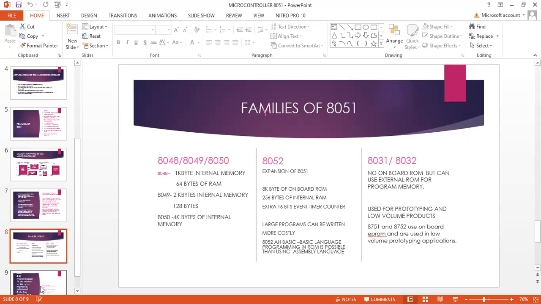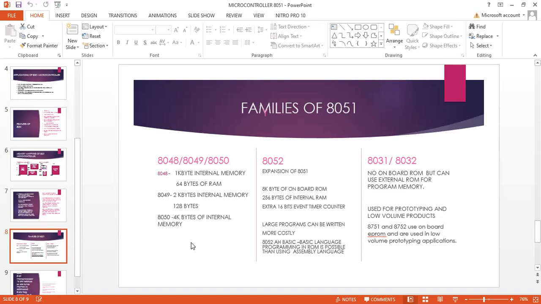That is, 8051 has 4 kilobyte of internal memory. 8052 will have 8 kilobyte. 8051 has 128 byte of RAM. Here it has 256 bytes of RAM. Here it has only one timer counter. It has two timer counters. Okay. So these are the three main points of differences between 8051 and 8052.